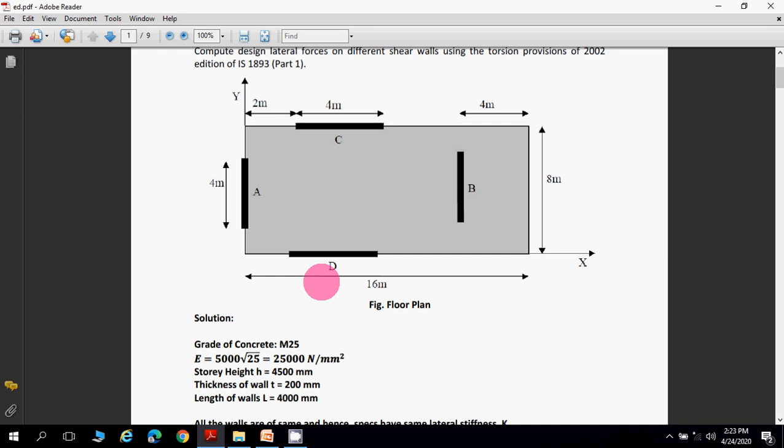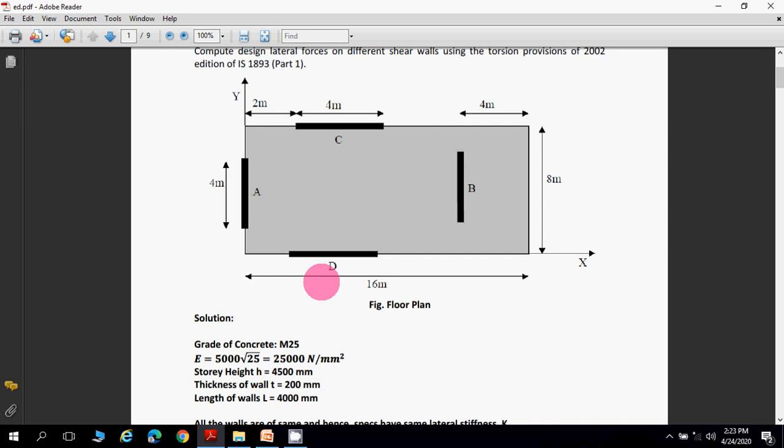As all the walls have the same thickness, same length and same grade of concrete, the cross sectional area of each wall is the same, and the modulus of elasticity of all the walls is the same, and the length of all the walls is the same.